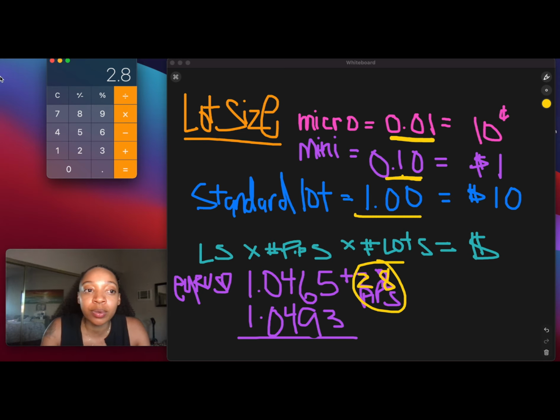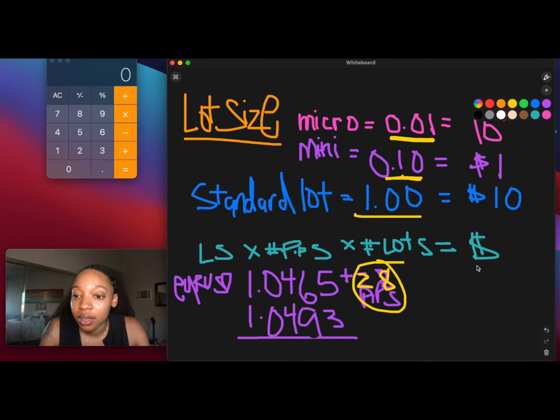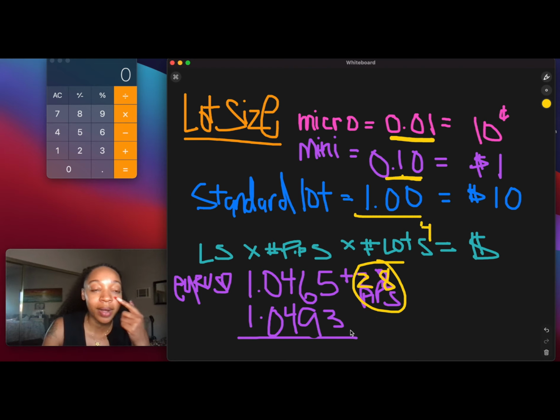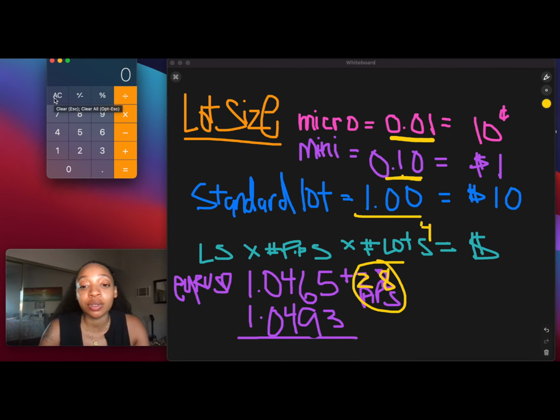And let's say we had 4 lots of the micro. So let's plug in a 4 right here for the rest of the equations, just so we can get the practice that we need. Let's go back to micro and do that again.